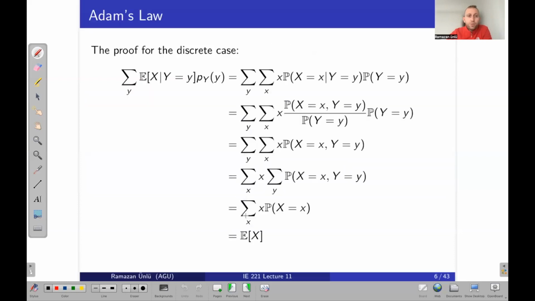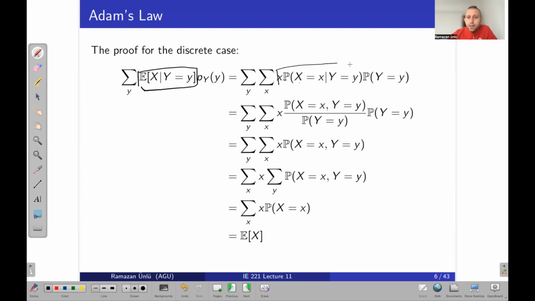First let's look at the proof of Adam's law. What I claim is that the summation of the expected value of X given Y times the probability of Y is equal to the expected value of X, right? So what is this term? We just saw in the previous lectures that it is the expected value of X given some condition, so simply the summation of x times the probability of X equal to x given Y equal to y.